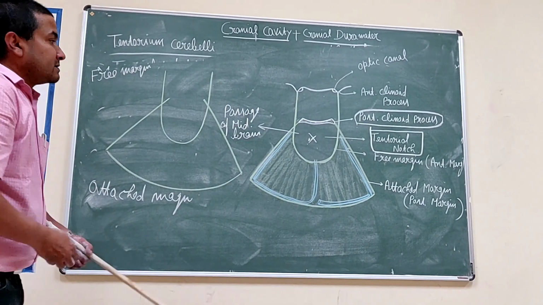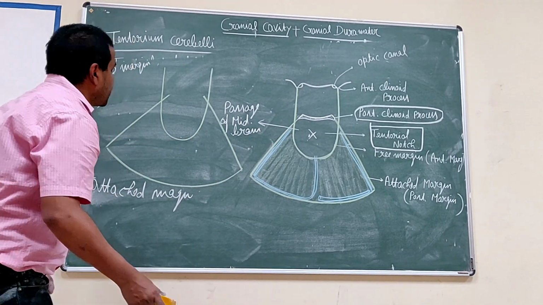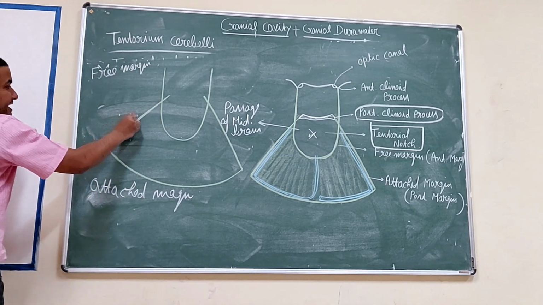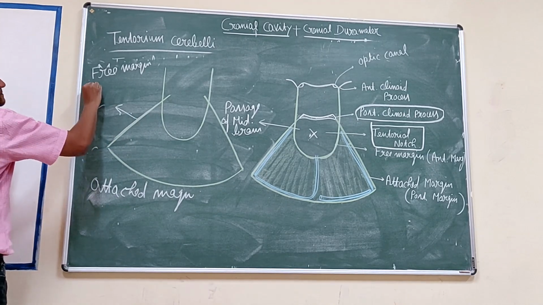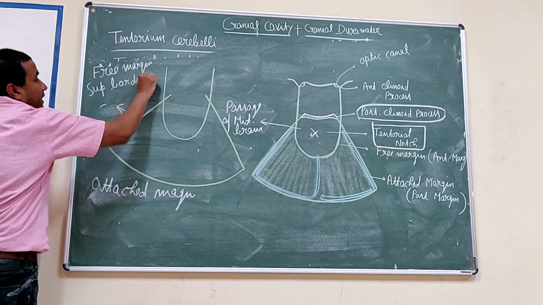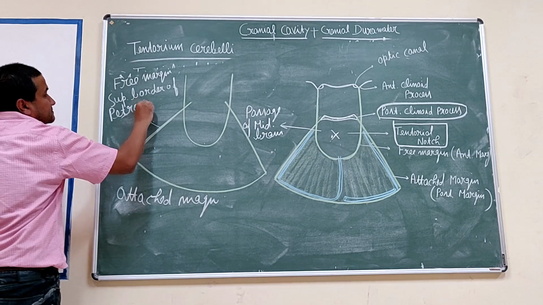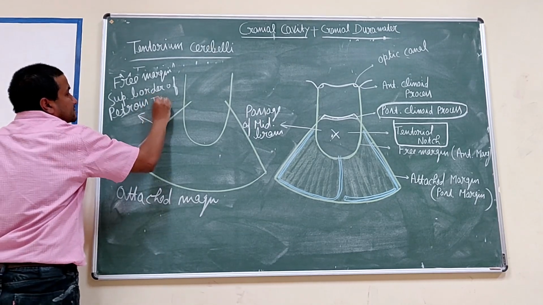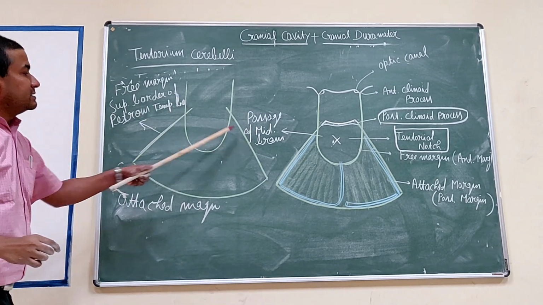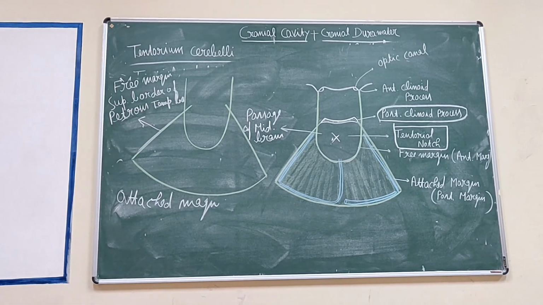Then this is the anterolateral part. This anterolateral part is attached to the superior border of the petrous temporal bone. On both sides, this anterolateral border is attached to the superior border of the petrous temporal bone.